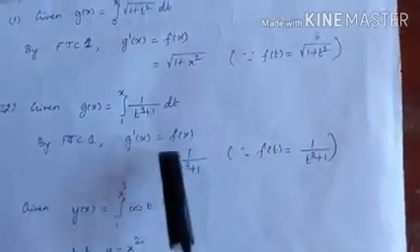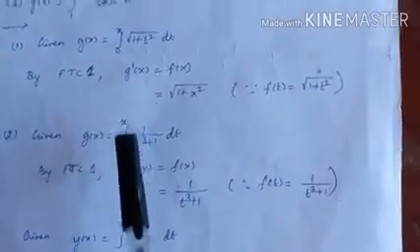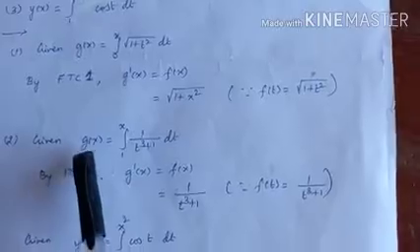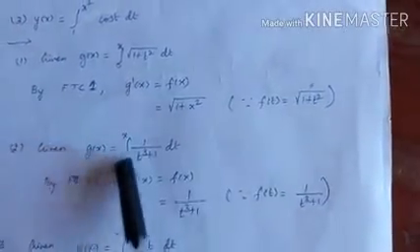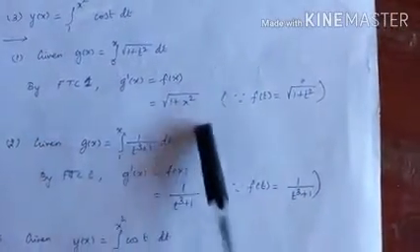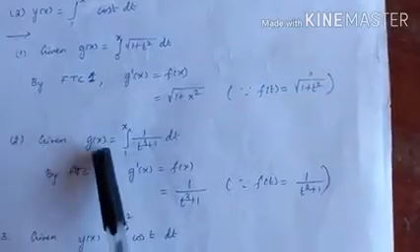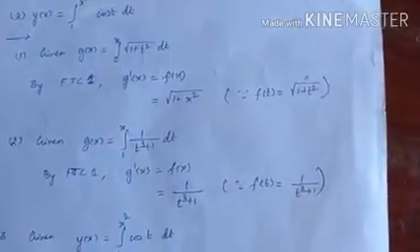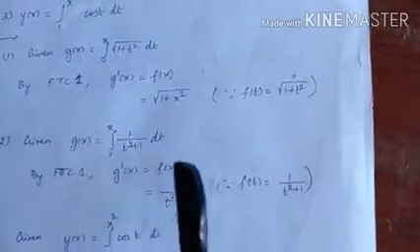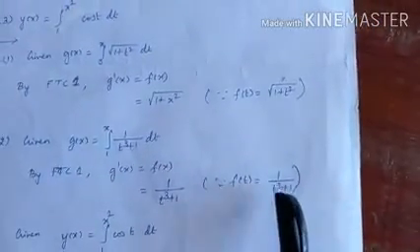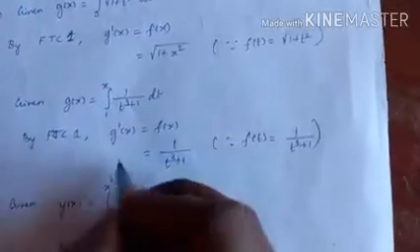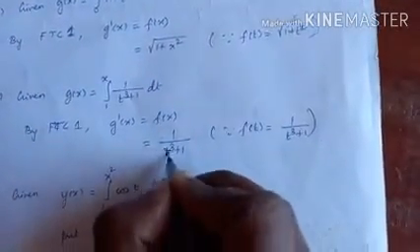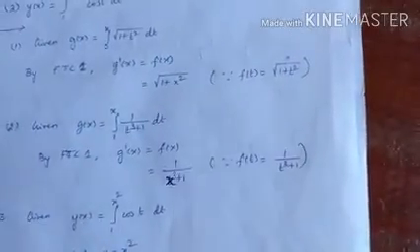You can use the theorem because the upper limit is x and the lower limit is 1, which looks like the statement of the theorem where g of x equals the integral 1 to x f of t dt. So g dash of x is equal to f of x. Once you know f of t, you replace t by x, it becomes f of x. It is x cube. g dash of x is x cube plus 1.